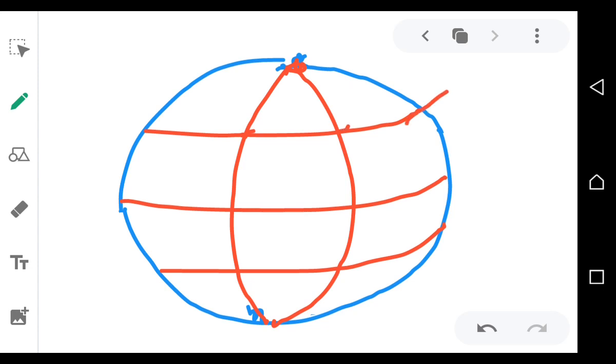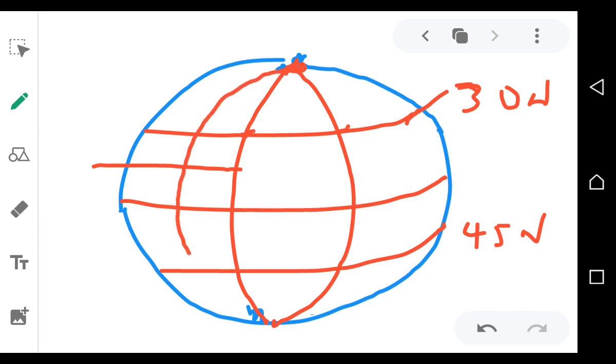So that one will be 30 degrees north. This one will be 45 degrees south. I'll draw another line here.